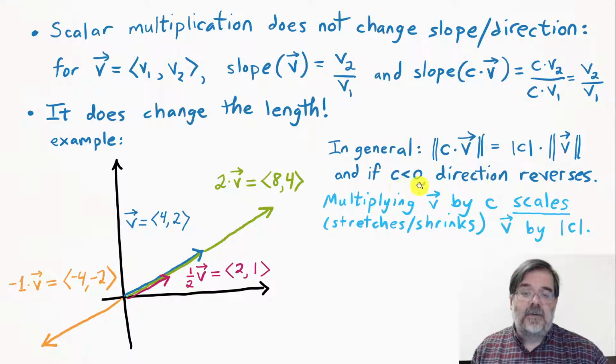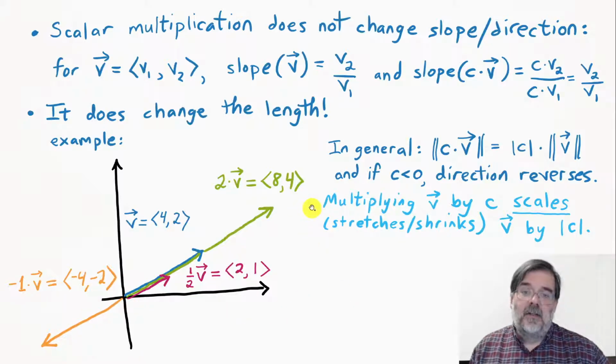And if c happens to be negative, then the direction reverses. So for example, over here, when we multiply by -1, the negative means the direction reverses. The length of the vector is |-1| times the length of v. In other words, the length didn't change for this orange vector down here.